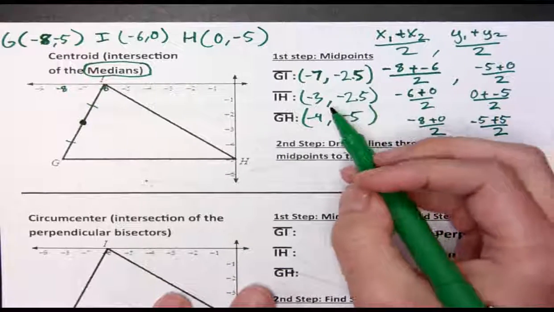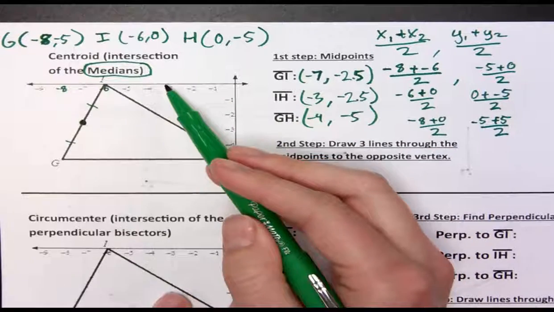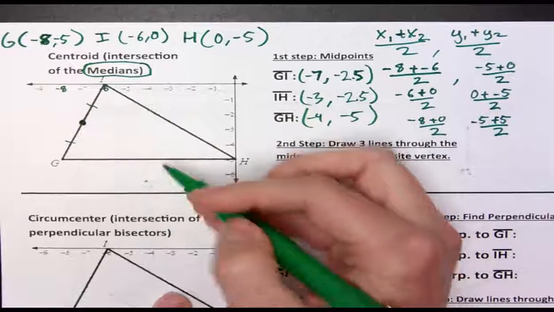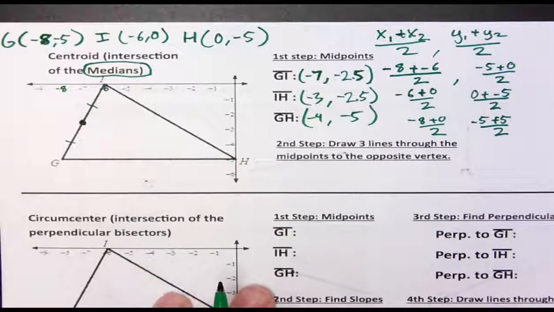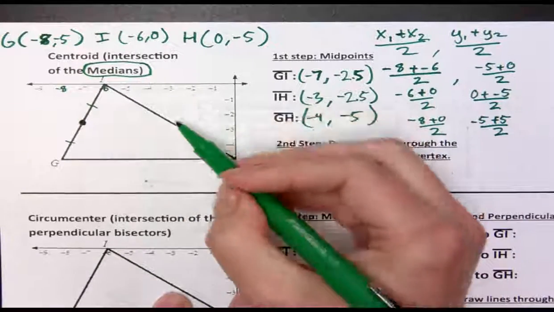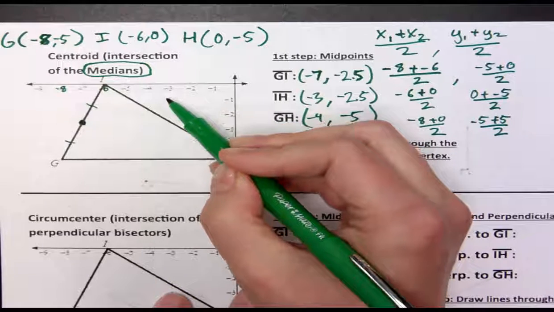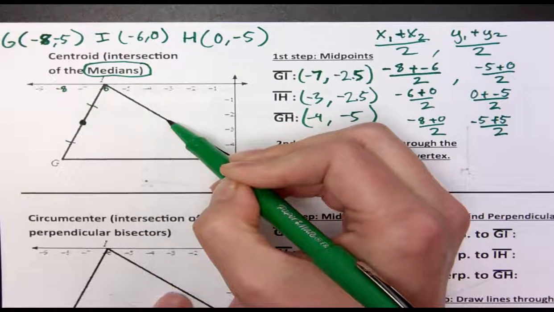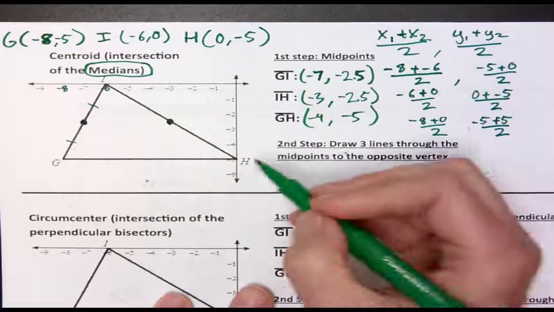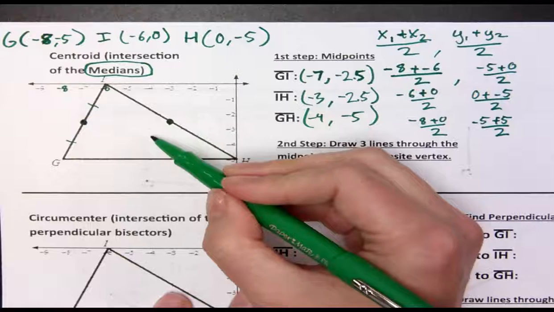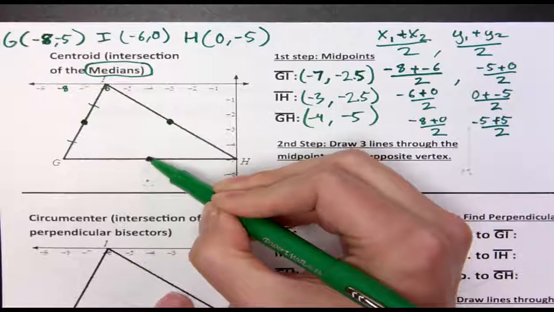And then IH, I come -3, come down -2.5, so I hit that number. And then -4 to -5.